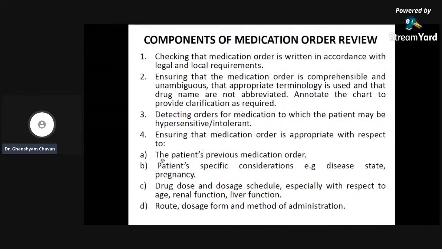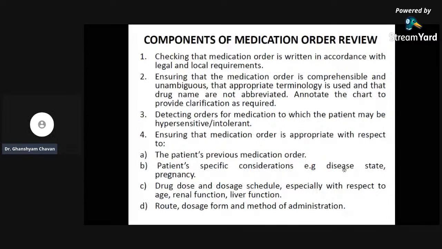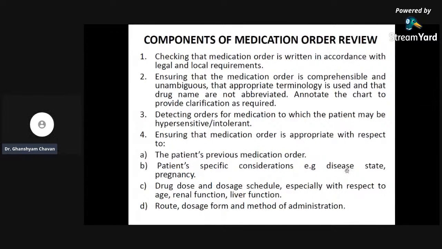Next is patient-specific consideration, for example disease states. If the patient has any disease state, for example asthma, or phobia, or a condition like anorexia, or anemia, or any disease, or liver problem, or renal failure, or the hemoglobin level is down.